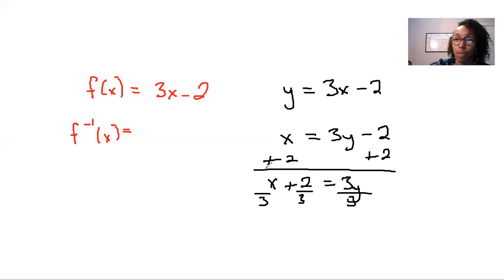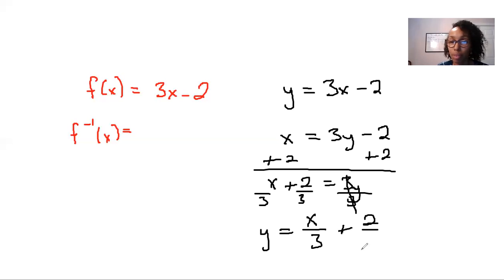Rewriting it to keep the format, with y over here, because the 3 cancels, I'm left with x over 3 plus 2 over 3. They might write that as 1/3 x instead of x over 3, so it depends on the format, but MATLAB should take both. So this would be the answer for the inverse.